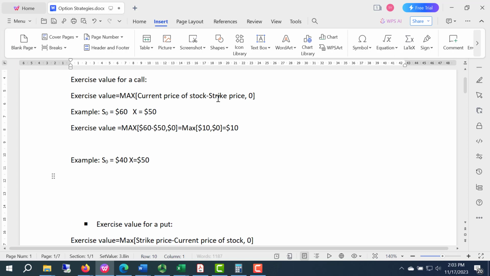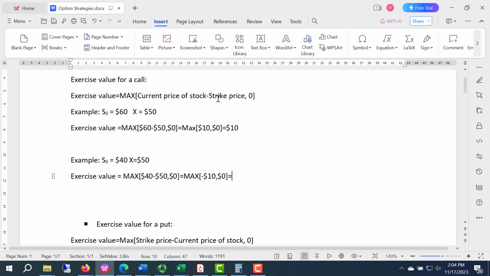And so our exercise value is equal to the maximum of $40 minus $50, or $0, which is equal to the maximum of negative $10, or $0.